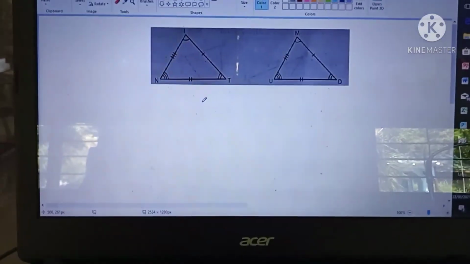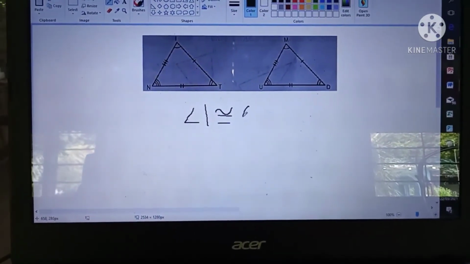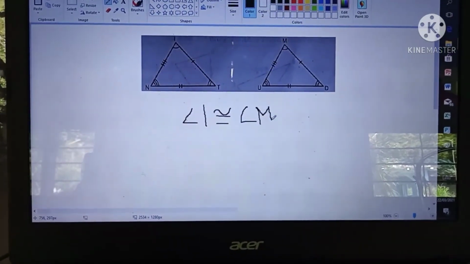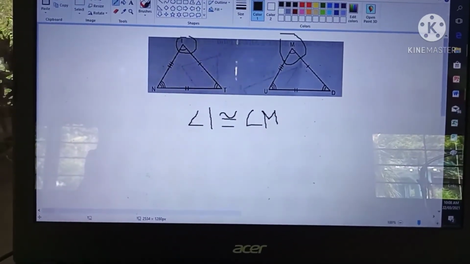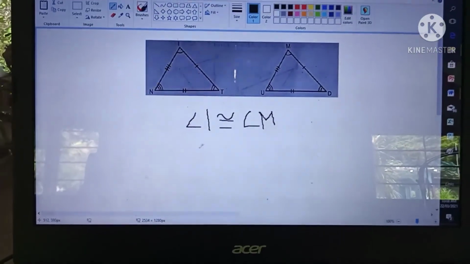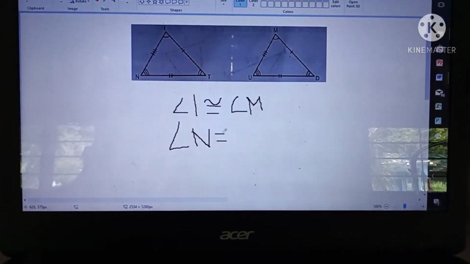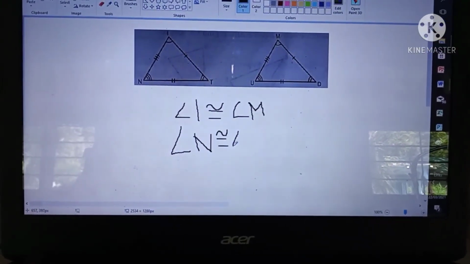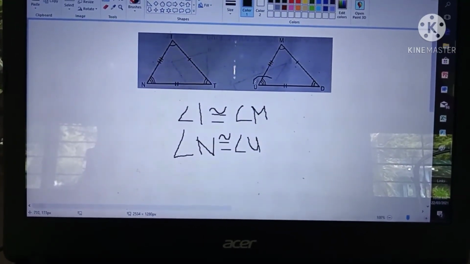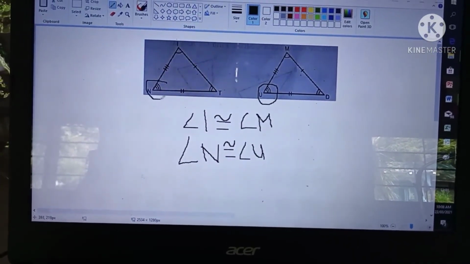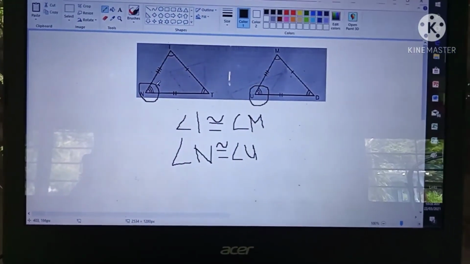Okay, we can say that angle I is congruent to angle M. Okay, next is angle N is congruent to angle U. Okay, so the markings can help you identify which angles or which sides are congruent.